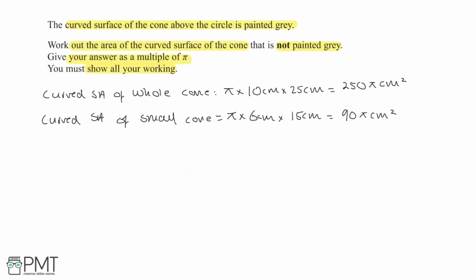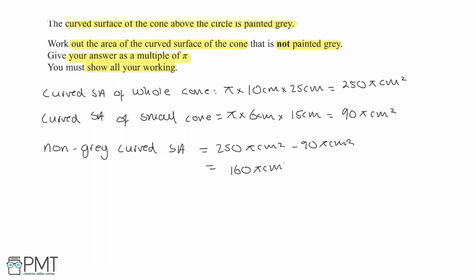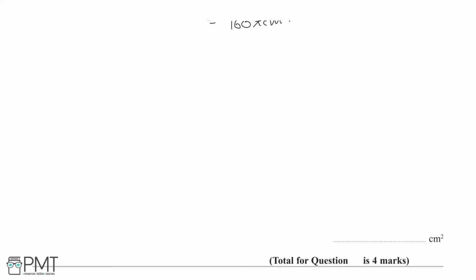The non-grey curved surface area, because we are finding the curved surface area, not the whole surface area, equals 250 pi centimeters squared minus 90 pi centimeters squared, and this is 160 pi centimeters squared. We can write it in our answer space here.